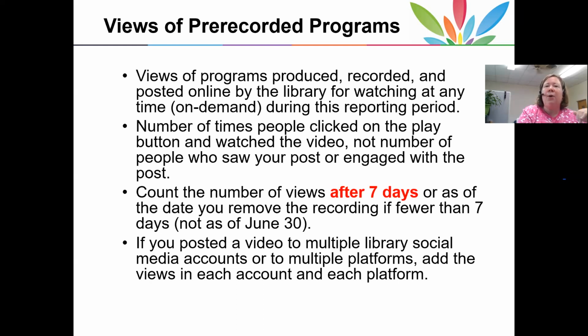That is totally okay. Do not backtrack for the past 11 months and try to recalculate all of your program views, okay? Don't worry about that. Send me the numbers you have. Again, IMLS knows that it takes a few years by the time a new question comes on before the data is actually a little more accurate, before we've learned what it all means, and we can do those comparisons statewide and nationwide.